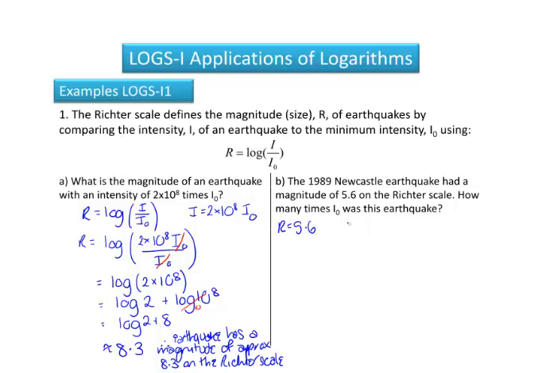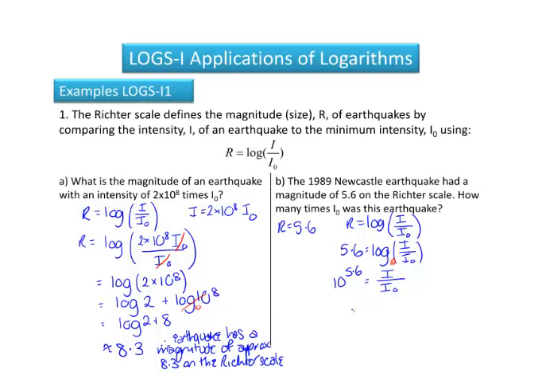So in my formula, R equals log I over I base 0, I have 5.6 equals log of I over I base 0. From there I can rearrange my log into an exponential because that's a base 10. So I end up with 10 to the power of 5.6 equals I over I base 0.